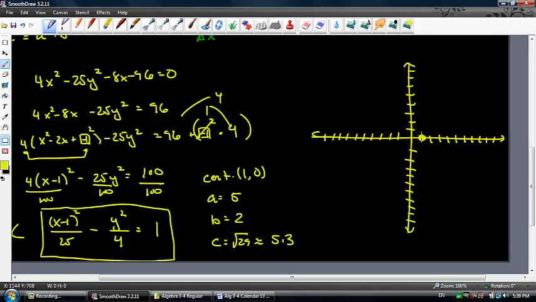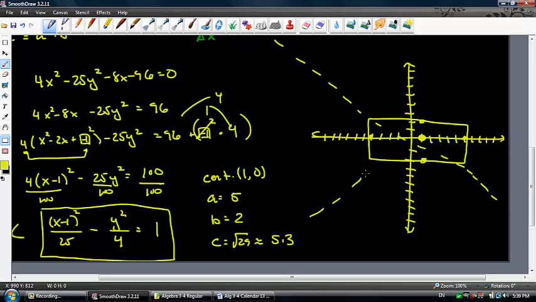Center's at 1, 0. I'm going to move out to the left and right 5. 1, 2, 3, 4, 5. 1, 2, 3, 4, 5. I'm going to move up and down 2. And I'm going to go ahead and draw the box. And I'm going to draw dashed lines through the corners of the box.